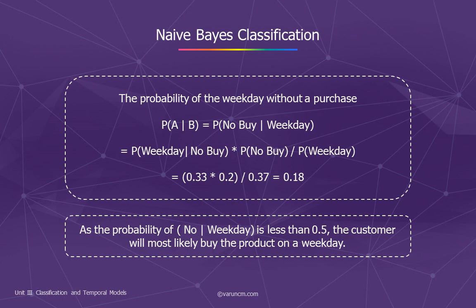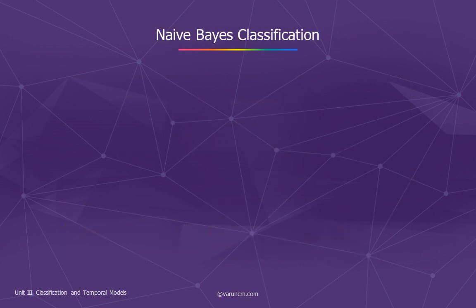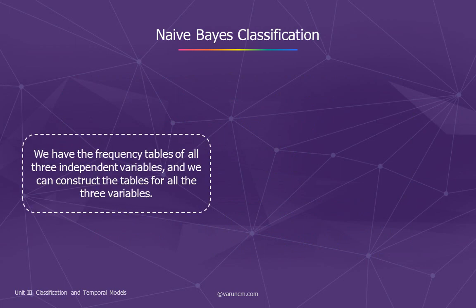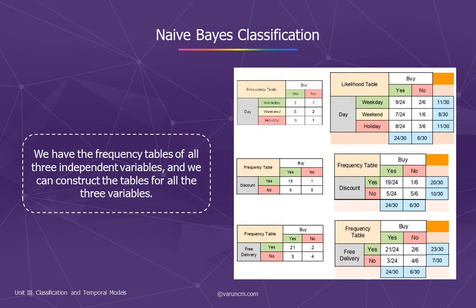As the probability of no purchase on weekday is less than 0.5, the customer will most likely buy the product on a weekday. So they are most likely to buy the product on a weekday. We have the frequency tables of all the three different variables, and based on that we are going to construct the tables for all three variables.